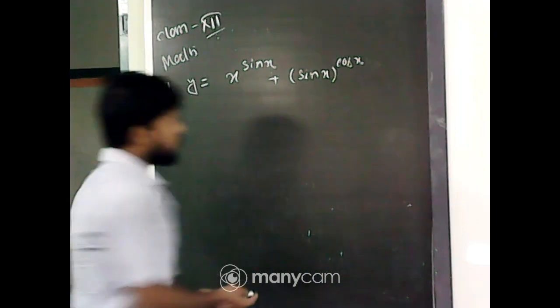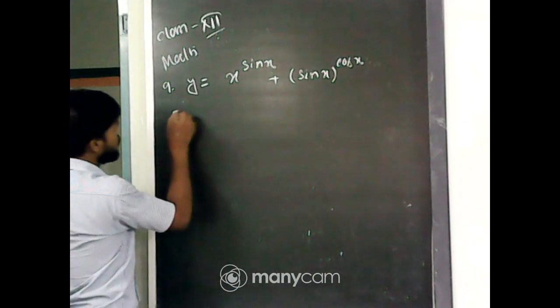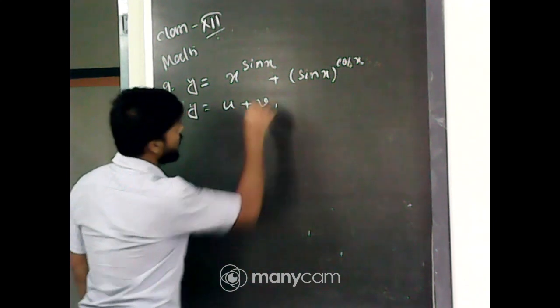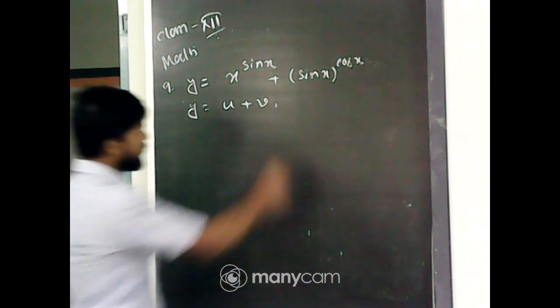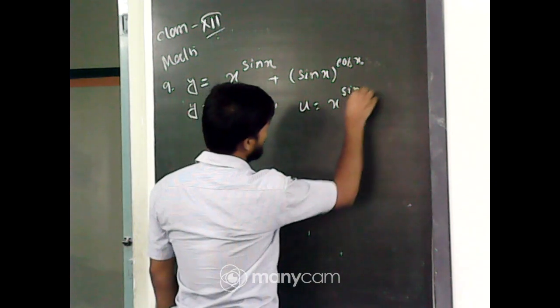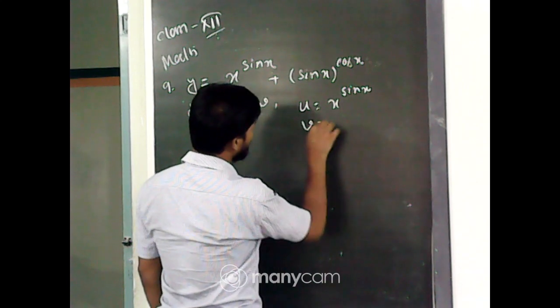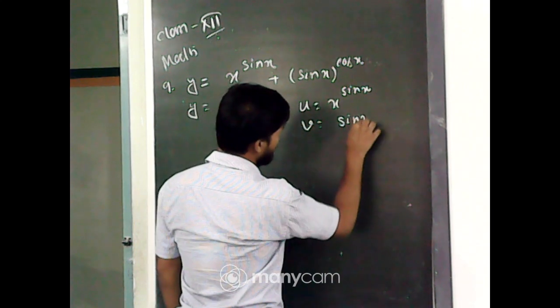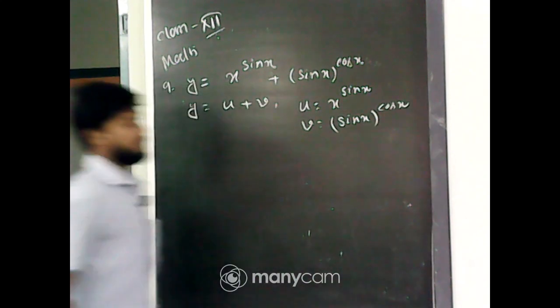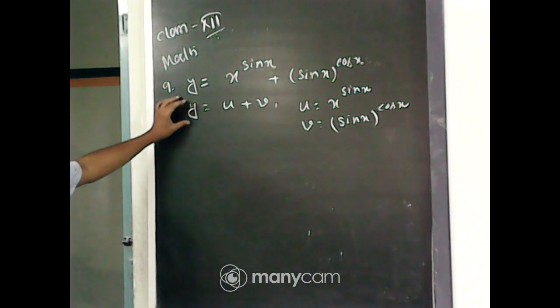First we will consider y equal to u plus v, where u equals the first term x to the power sin x and v equals the second term sin x to the power cos x. Now differentiate with respect to x.